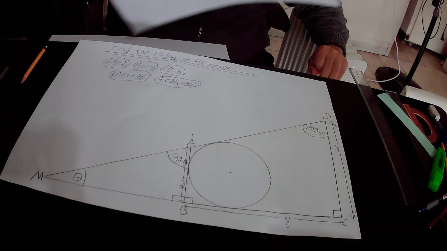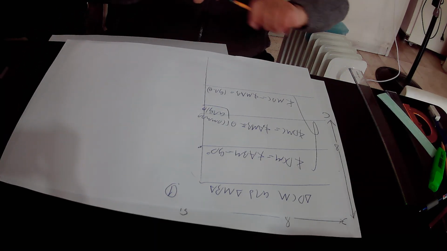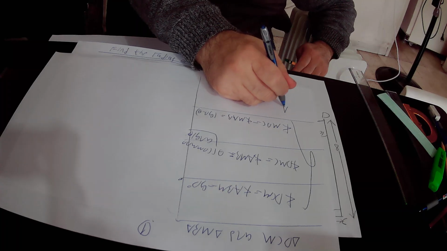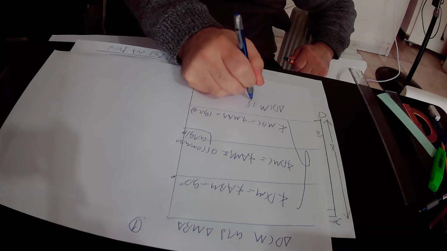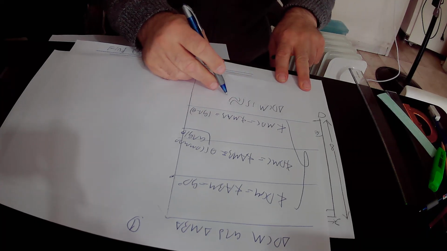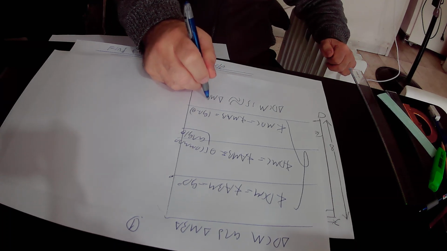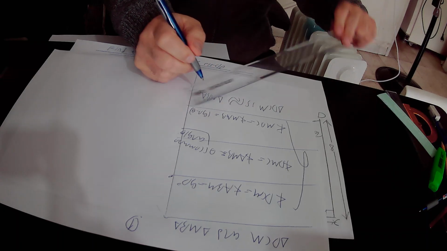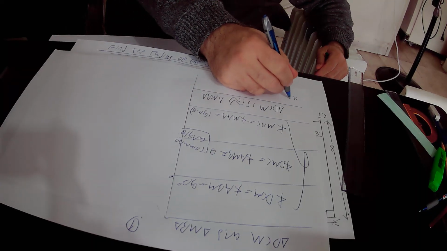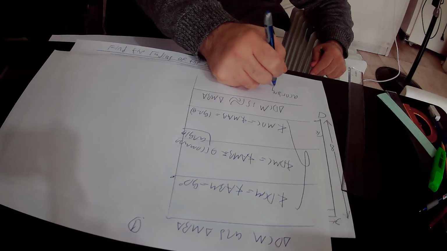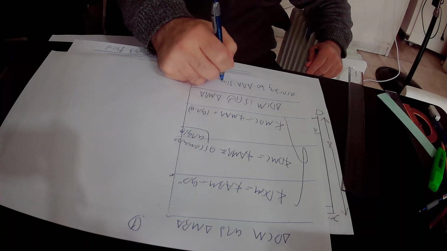Therefore, the right big triangle DCM is similar, this is the sign of similar, to the right small triangle MBA, according to the angle similarity rule.